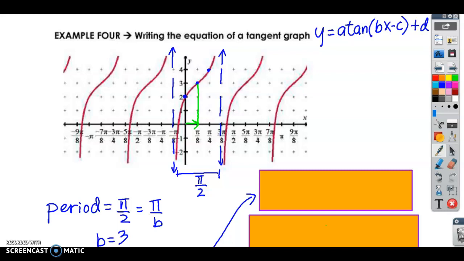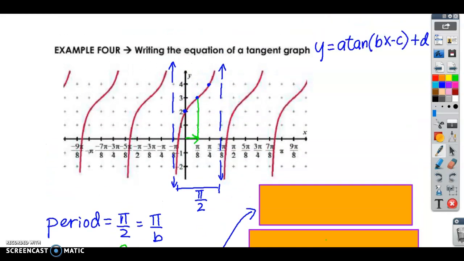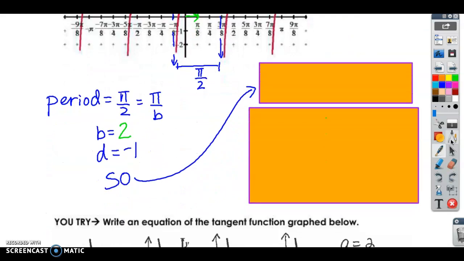So basically b has to be 2 then. So why do I have b as 3 there? That ain't right. B is 2. Alright, is my D right? My D is up 3. That ain't right.